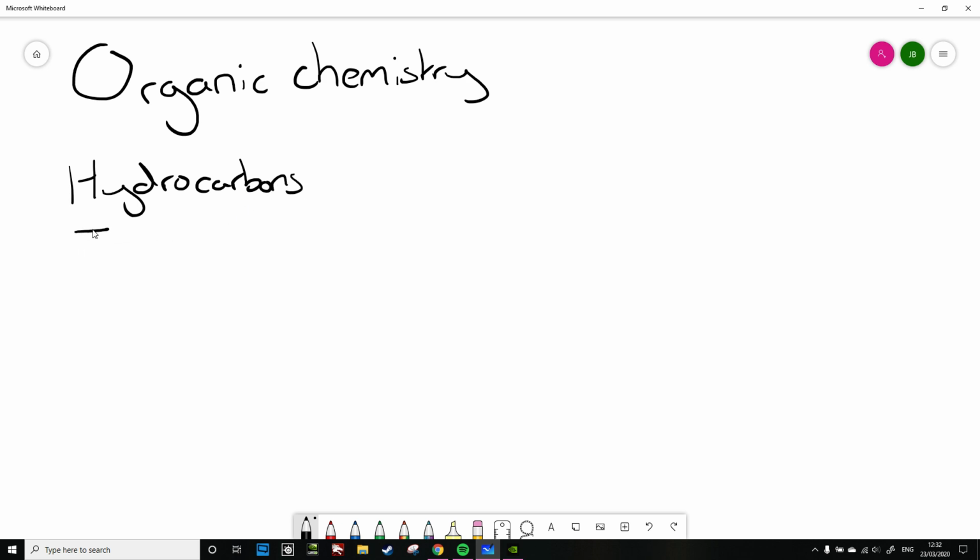Second one will be what we call fractional distillation, and that is all about how we separate out the crude oil. And the third one will be on burning hydrocarbons.